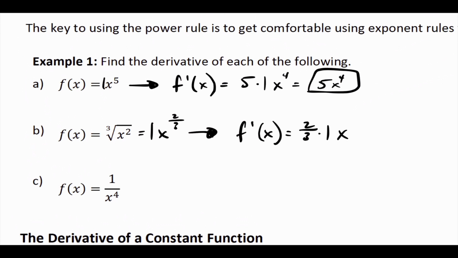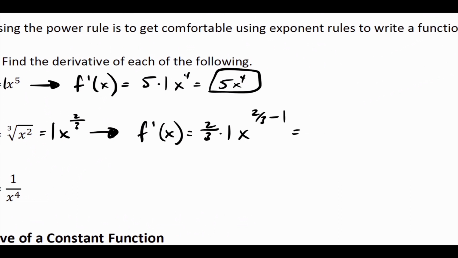And then what happens to the old power? It gets subtracted by 1 whole. So it's 2/3 minus 1 whole. What is 2/3 minus 1 whole? Negative 1/3. So this guy is 2/3 x to the negative 1/3 power.